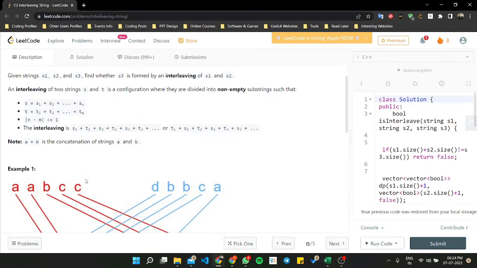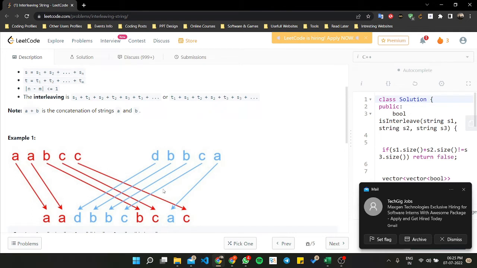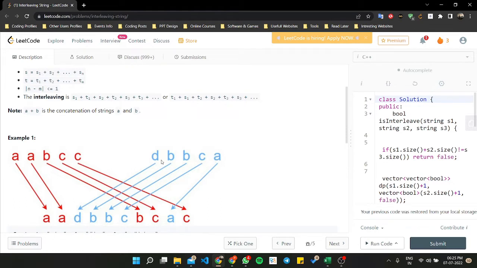First of all, when we saw this question, we think it's a two-pointer approach question, but it is not. Let's consider there is an A in S1 and also an A in S2, and the third string also needs an A. We will get confused about which character to take, from the first string or the second string.